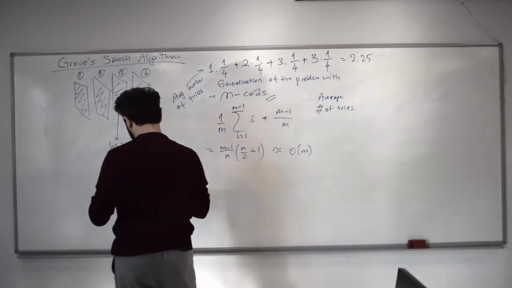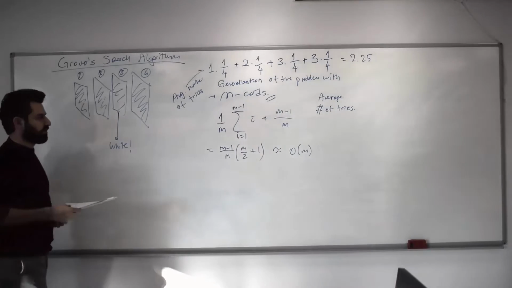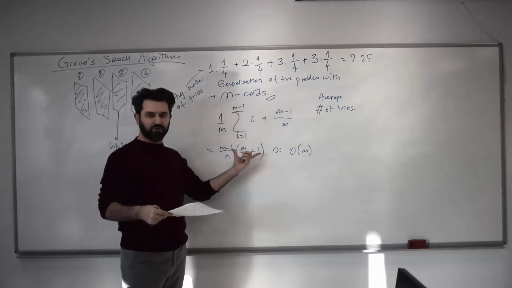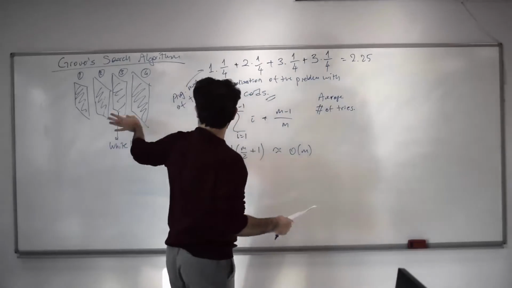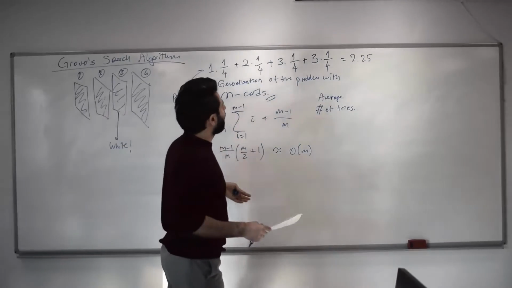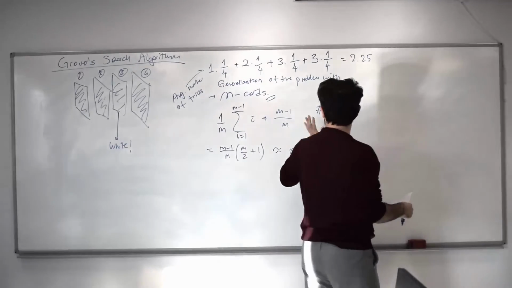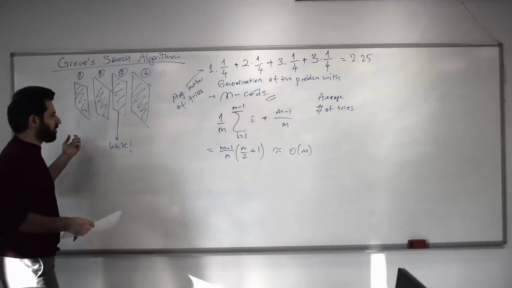So that is linear in m. It's linear in m because those m's cancel each other out, so it's going to be a function of m only, right? Linear time. So in this classical approach, we expect a linear time complexity, or query complexity, to figure out the right card.